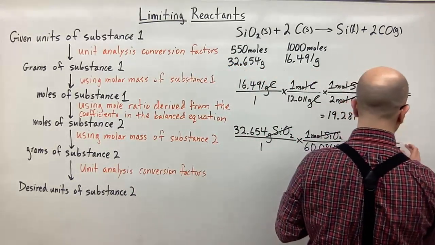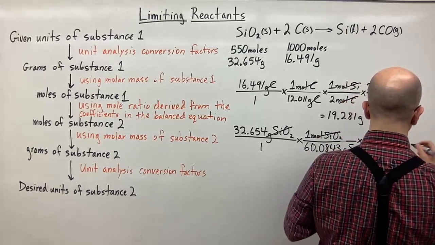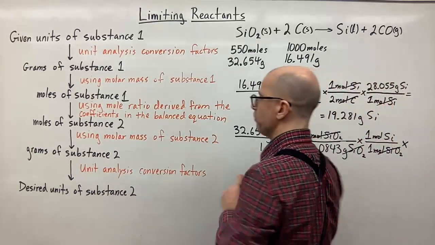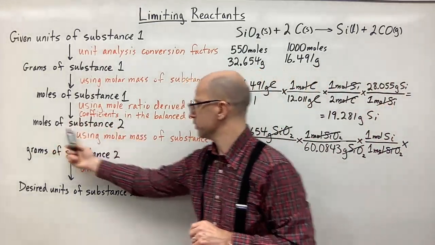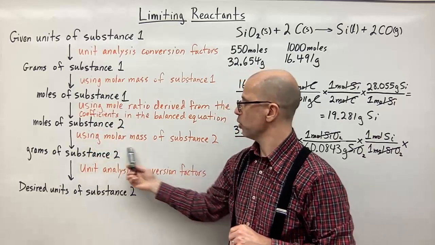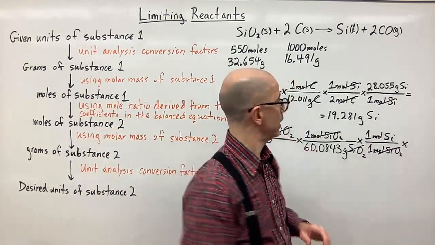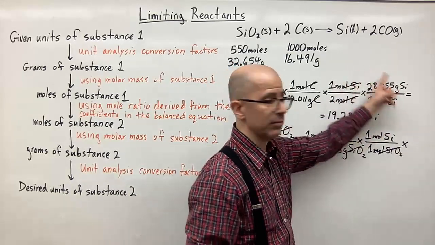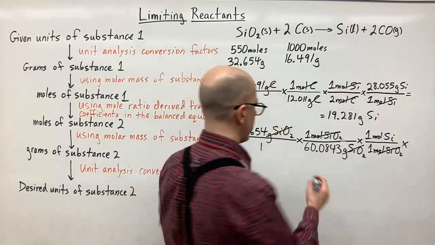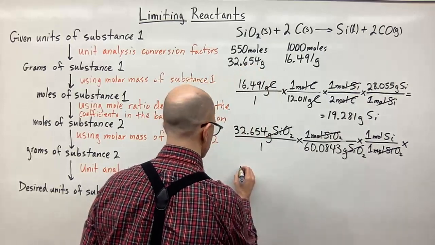And finally, now that I have moles of SiO2, that's moles of substance 2. Now I'm going to use the molar mass again to convert to grams of Si. So again, this last step here is the same. I'm going to write it down here because I don't have room over there.